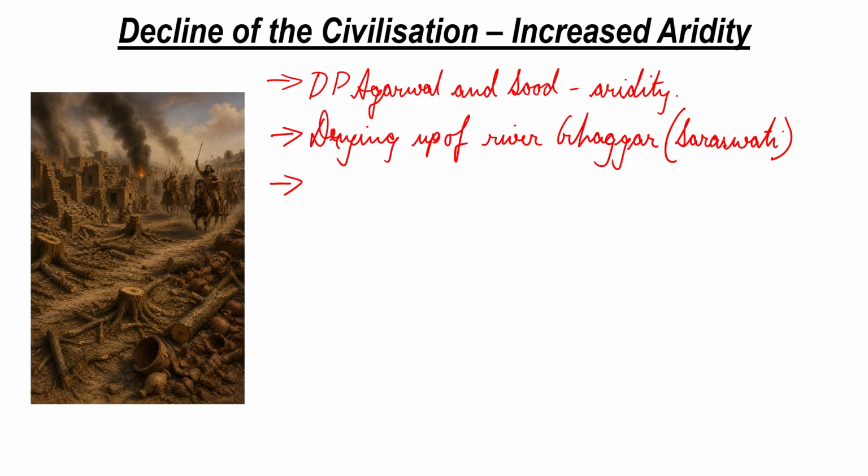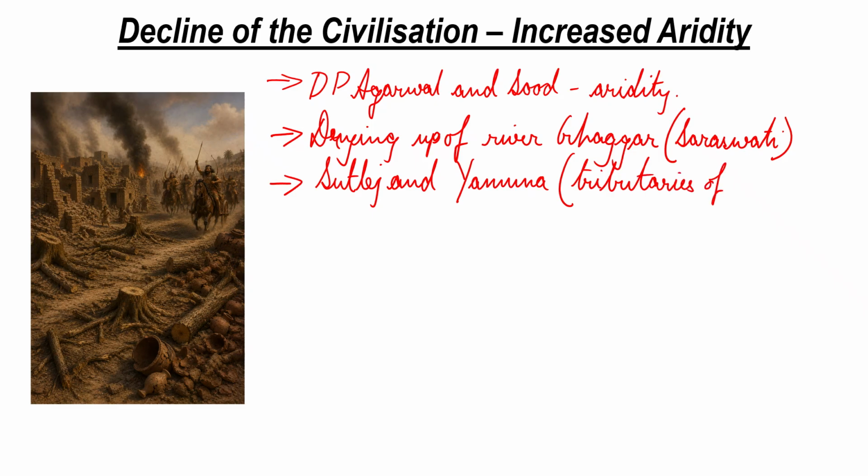Also Sutlej and Yamuna. These were tributaries of Ghaggar.